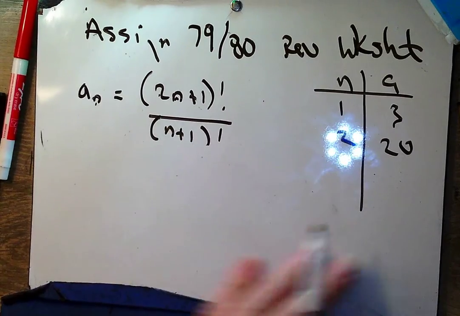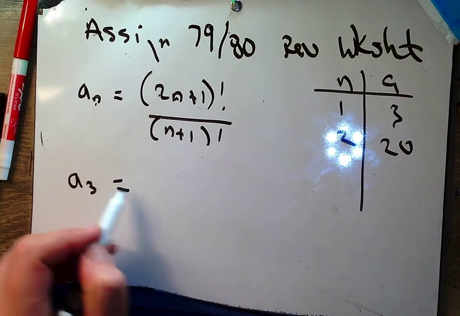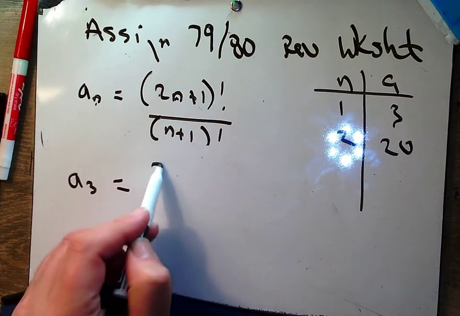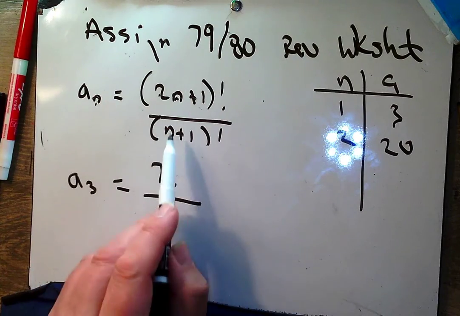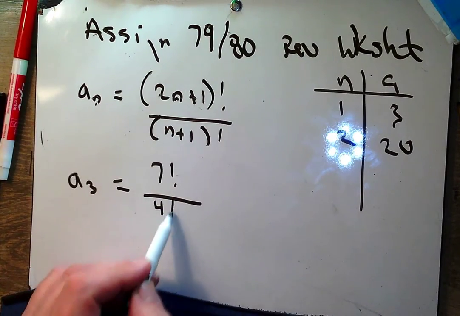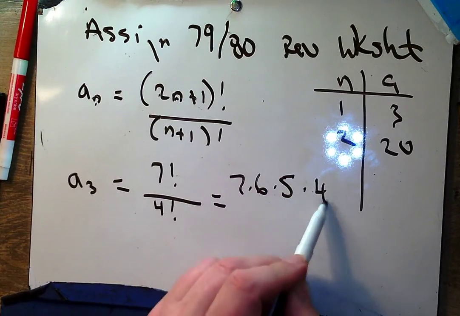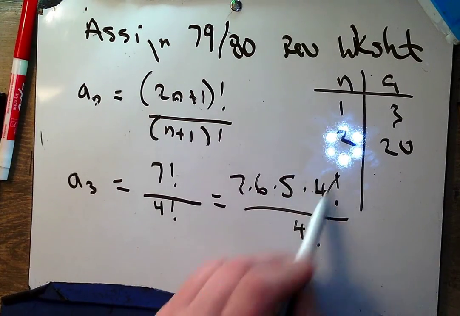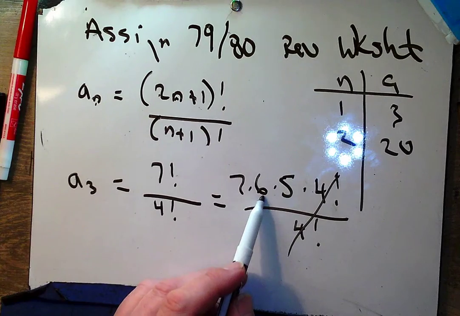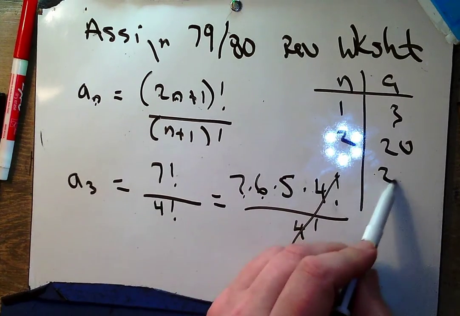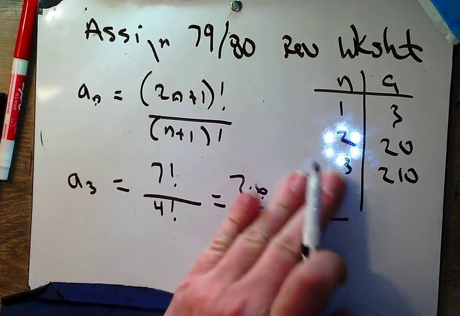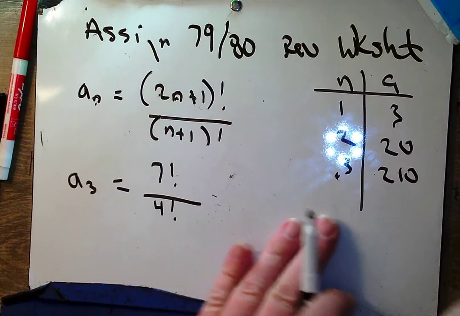What happens when I plug in a 3? A sub 3. 6 plus 1 is 7 factorial over 3 plus 1 is 4 factorial. 7 times 6 times 5 times 4 factorial over 4 factorial. So that's 30 times 7 is 210. And we're plugging in for the first 5 terms.